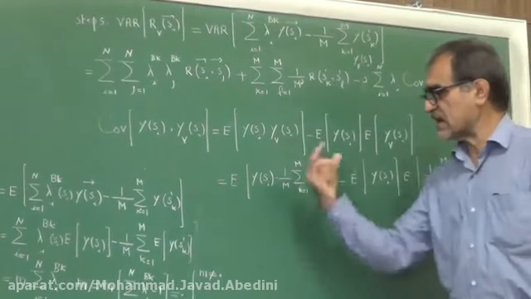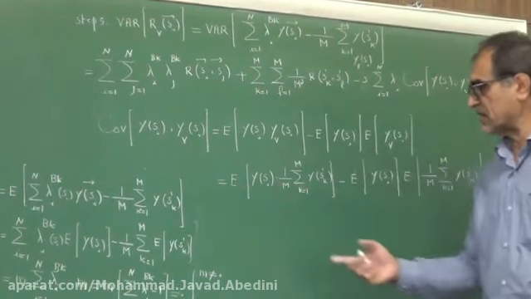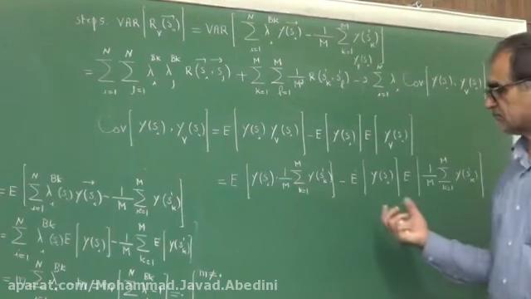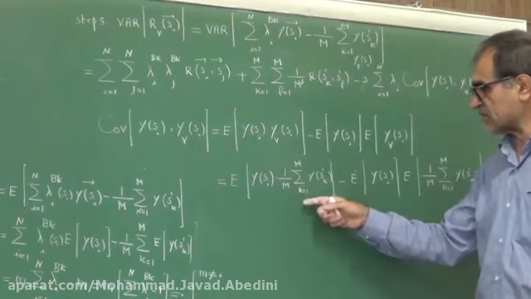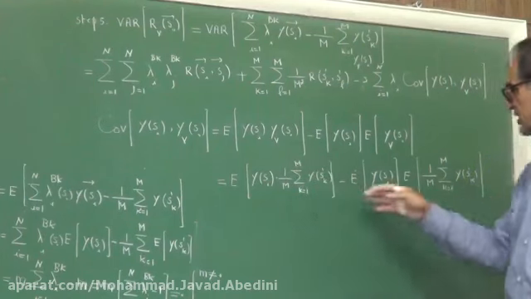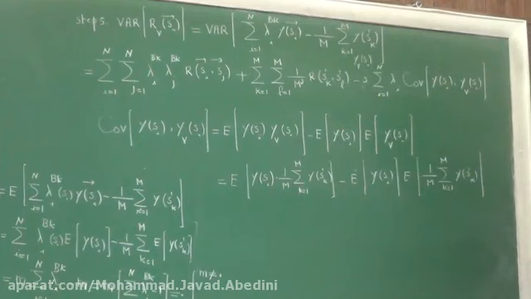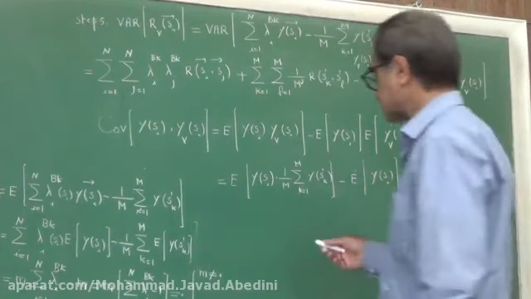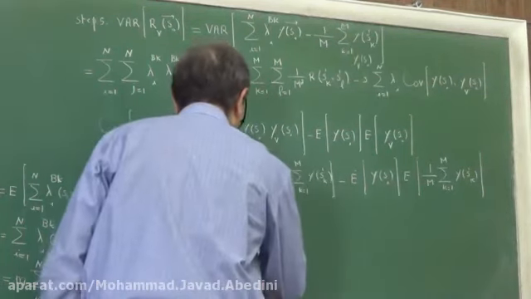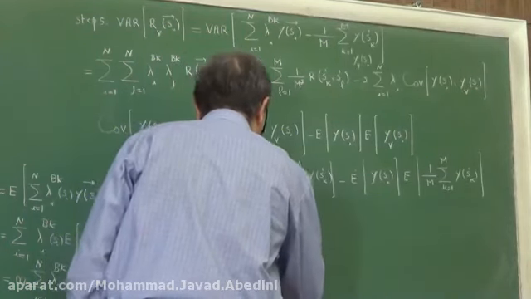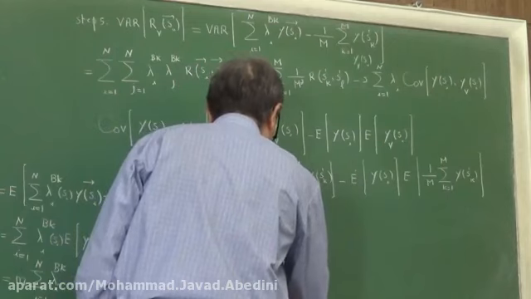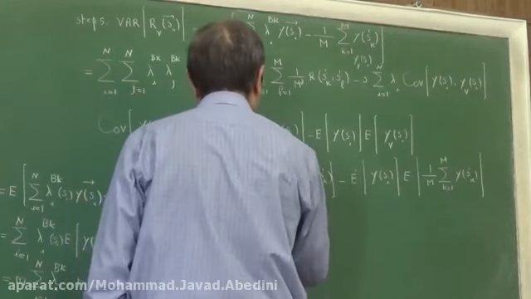Because of the linear property of this operator here, I can factor out this 1 over m summation k from 1 to m from this and this, because this is coming in both terms. Therefore, 1 over m summation k from 1 to m.